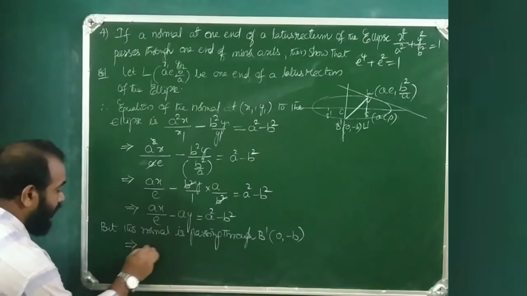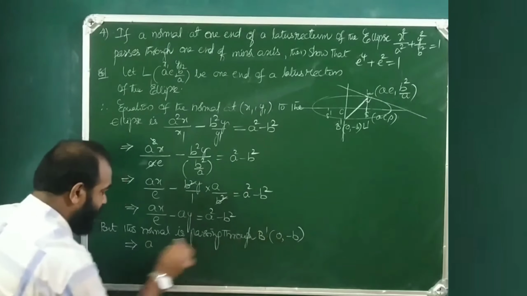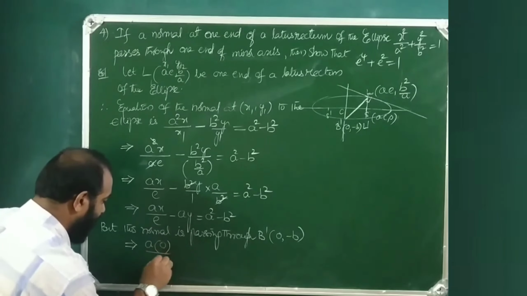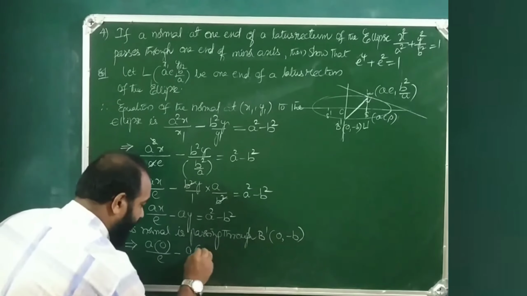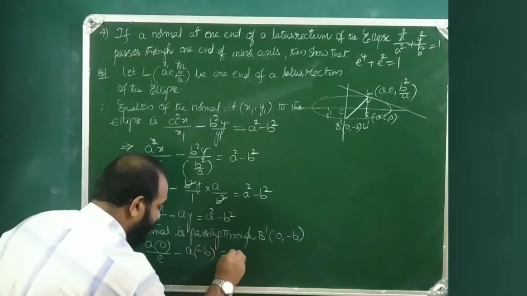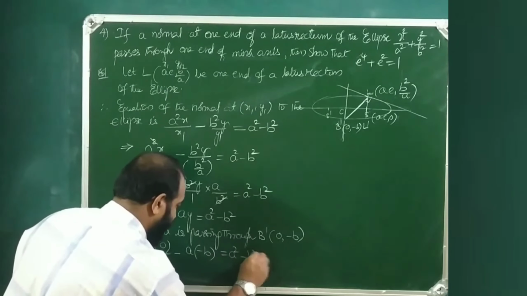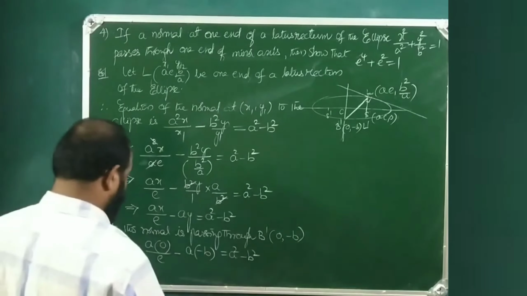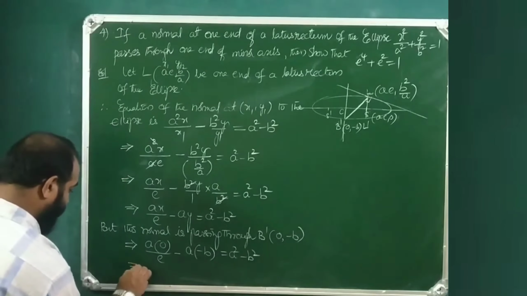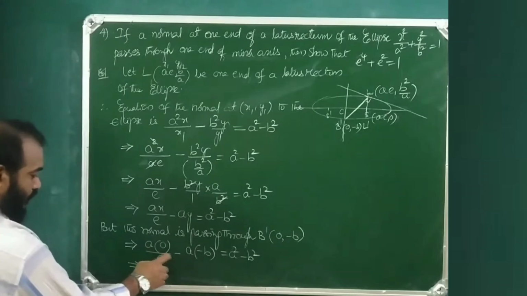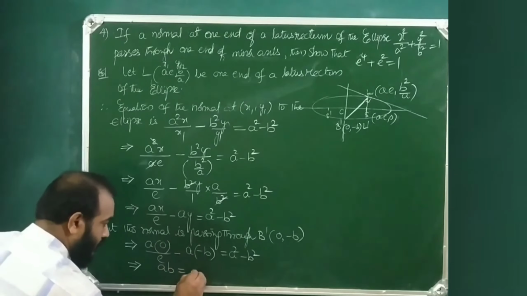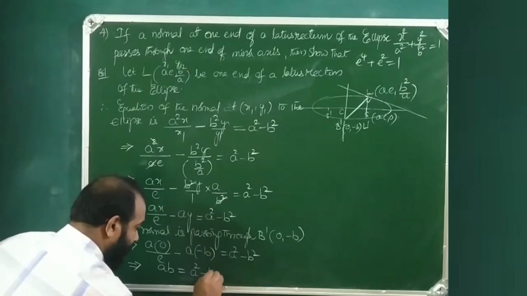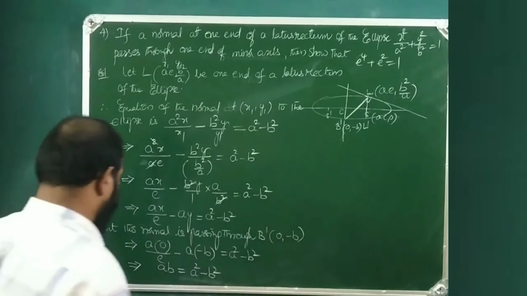That means in the place of x substitute 0: a into 0 by e minus a y is minus b equals a square minus b square. So 0 anyway, minus into minus plus ab equals a square minus b square.